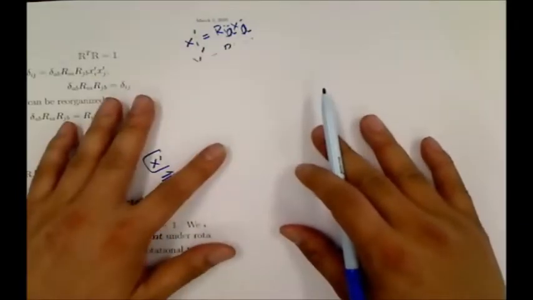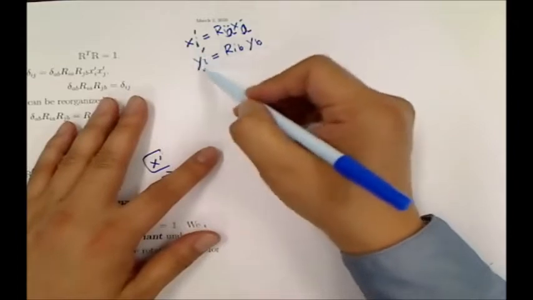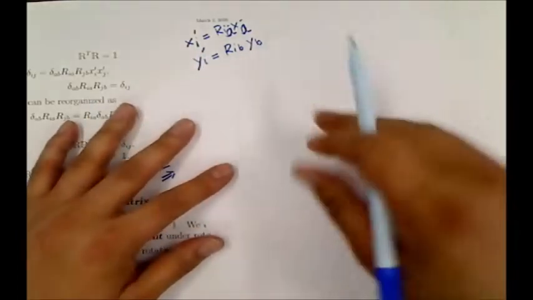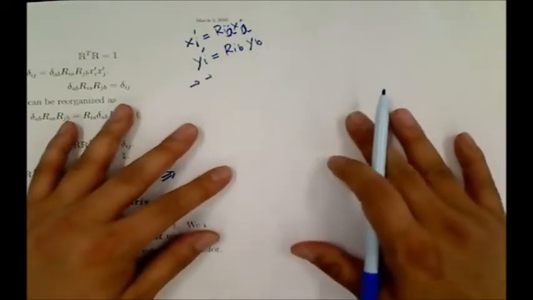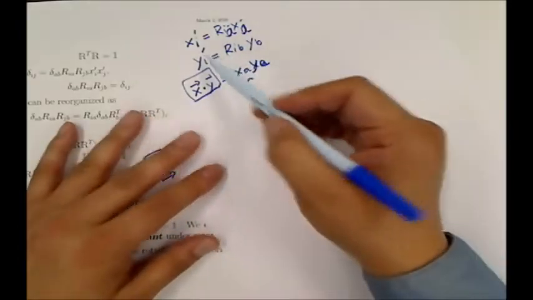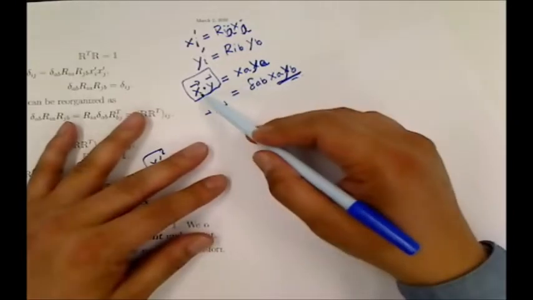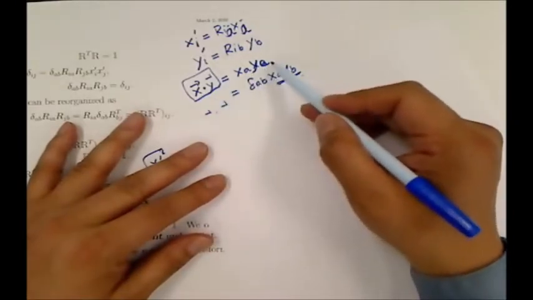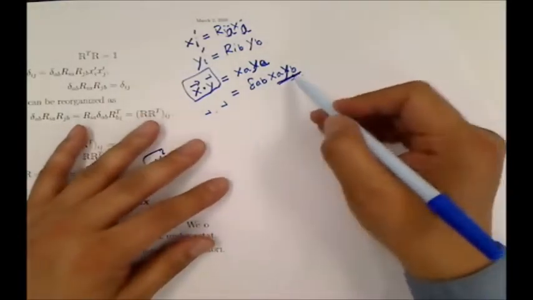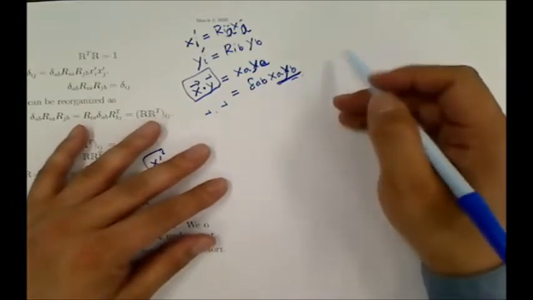In a similar manner, Yi, the same ith component of a vector y after rotation, can also be obtained in this way. So this is a scalar product of x and y. As you know, x dot y is xa ya, where a is summed over. By making use of Kronecker delta, it should be delta AB times XA YB.